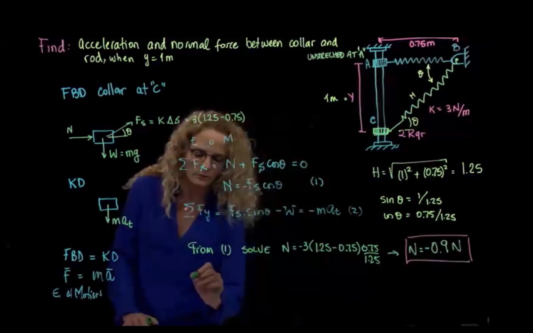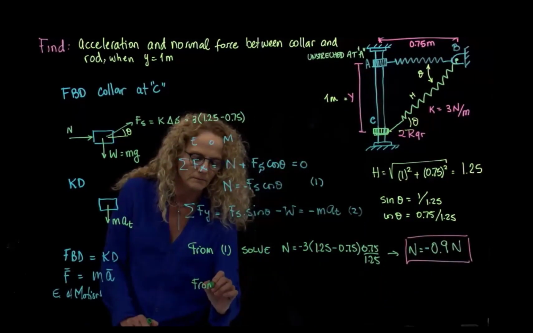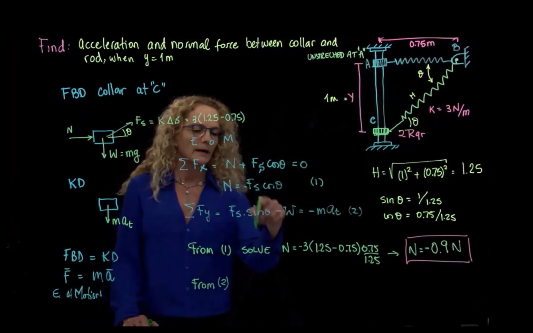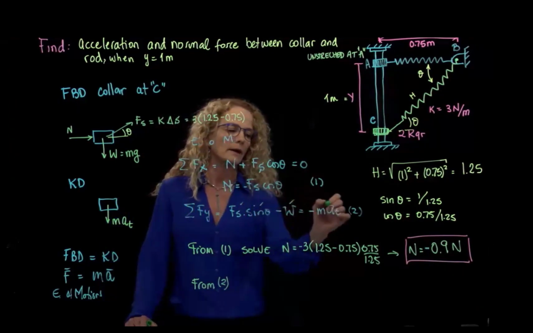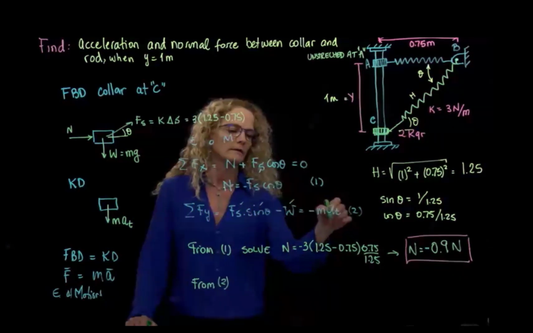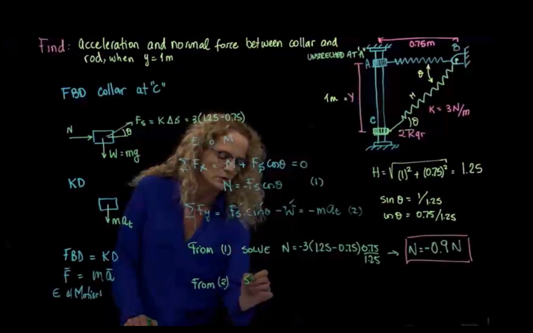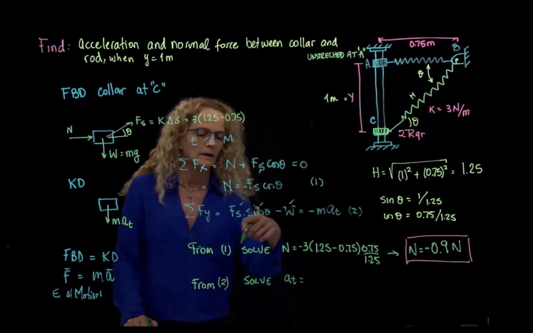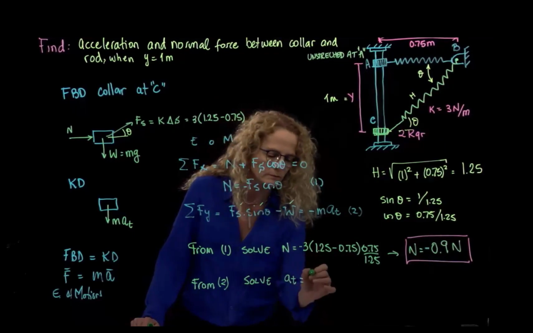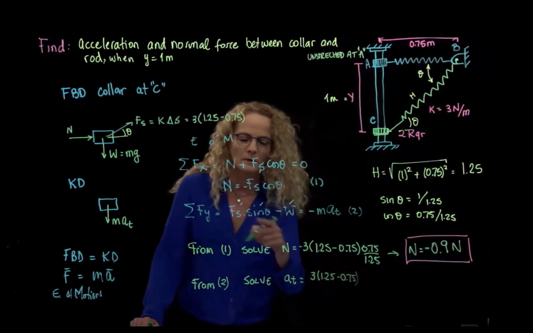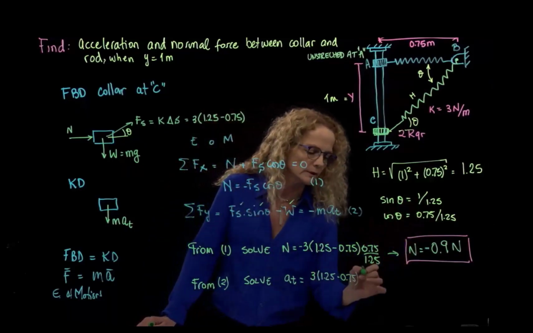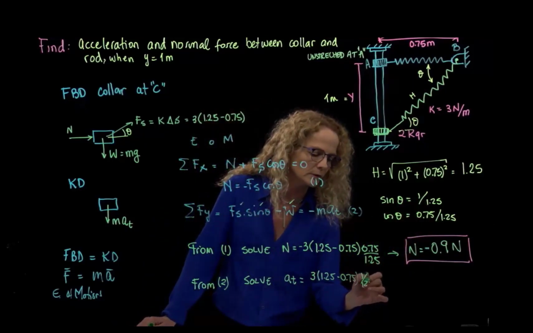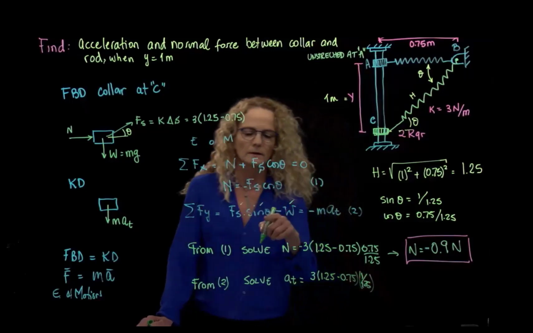And from equation 2, I have the spring force, the sine, the weight, and all I need to find is the tangent acceleration. So I will solve for a_t, and that is the spring force times sine, which is this one, 1 over 1.25, right?